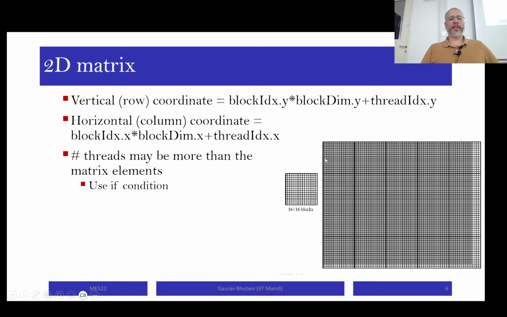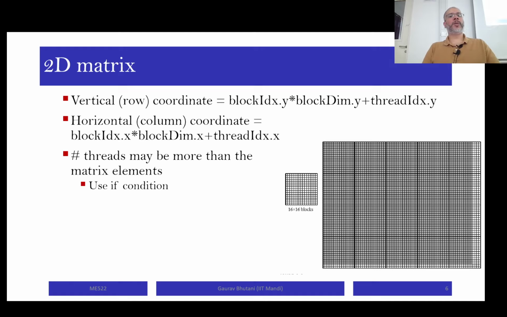In this figure, one big matrix is broken into blocks. You have 5 blocks in the x direction and 4 blocks in the y direction, and each block is of size 16 by 16, so each block has 16 threads in the x direction and 16 threads in the y direction.